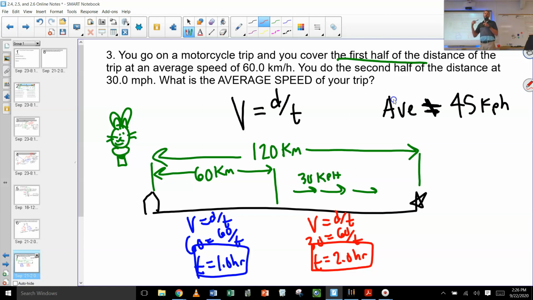So, what is my average speed? Your average speed is your total displacement, 120 kilometers, divided by your total time. Your total time is 3 hours.